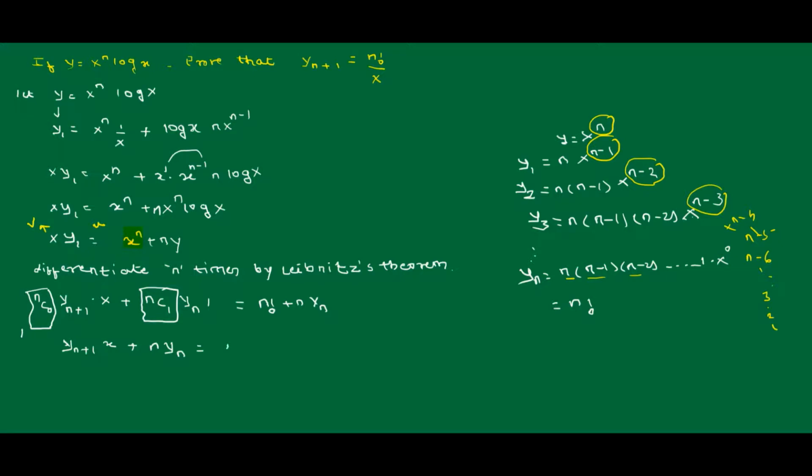So yn plus 1 into x plus n factorial is equal to n factorial plus n into yn on both the sides. This nyn gets cancelled. So we are left with yn plus 1 into x is equal to n factorial. Transpose this x to the right hand side.